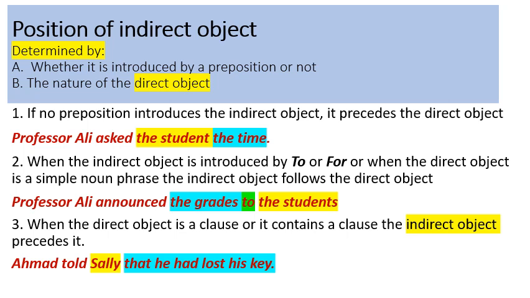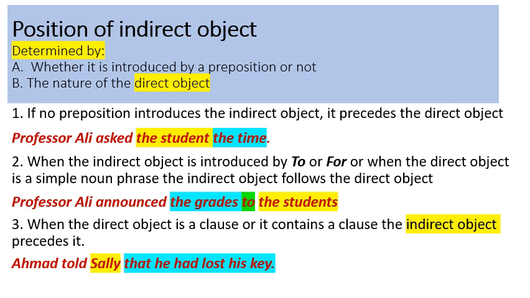So the indirect object is the student, to whom the action happened. The direct object is the time. What did he ask? He asked the time. Whom did he ask? He asked the student. Therefore, we don't have a preposition here. Which one came first? The indirect object came before the direct object.